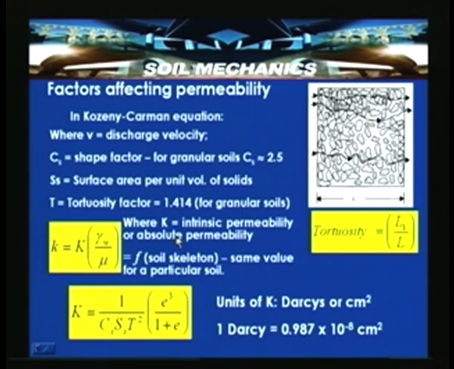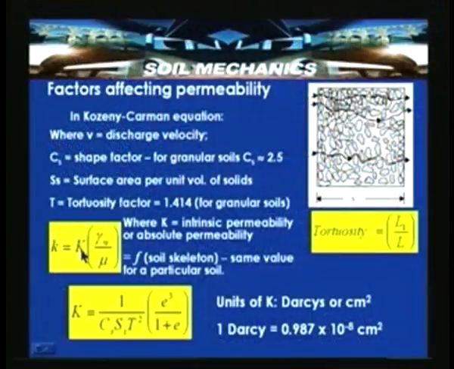This Kozeny-Carman equation can be simplified as k, which is Darcy's coefficient of permeability, as capital K times gamma w by mu. Here the capital K is defined as the intrinsic permeability or absolute permeability, which is a function of the soil skeleton and is constant for a particular soil type.